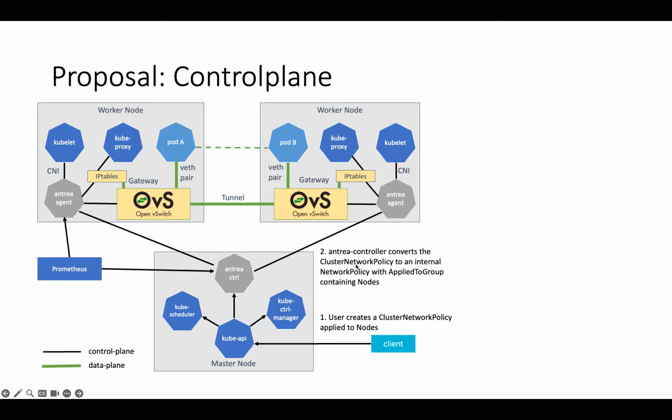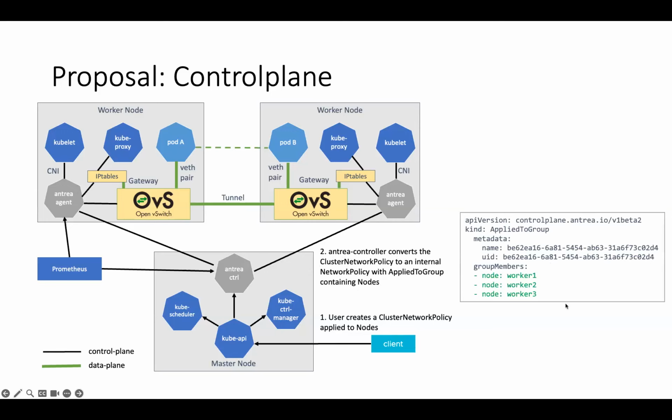Then the Antrea controller would convert the cluster policy to an internal network policy with appliedTo groups containing nodes, such as this. In the pod network policy case, the group members would be pods, and in the node network policy case, it would be node names.